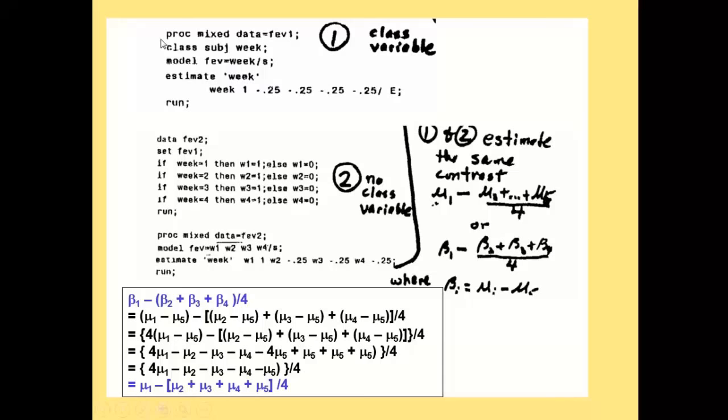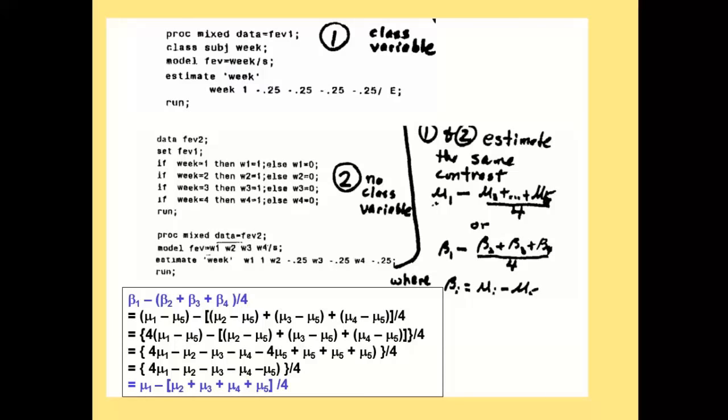What would it be? A repeated statement. And in the repeated statement, one of the options, after the slash, is to tell it whatever correlation or covariance structure I wanted to use. If I wanted unstructured, I would say / type equal to UN. Type equal to CS for compound symmetry. But I didn't do this here.